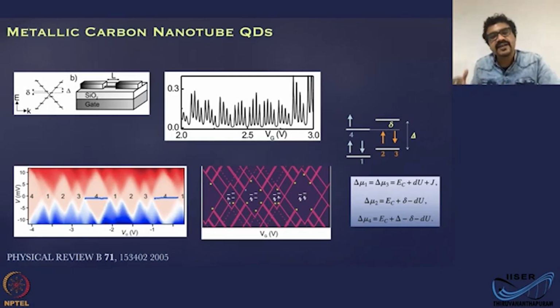So this is again another proof that you can just take the current versus voltage measurement or transconductance measurement, and you can get the information on the shell filling or the structure of the artificial atom. In this case, it is for a carbon nanotube based quantum dot.